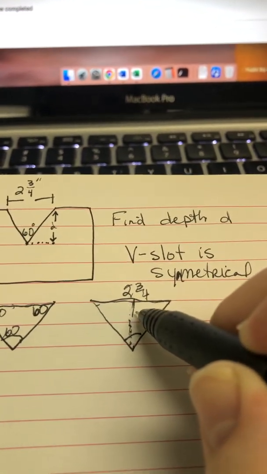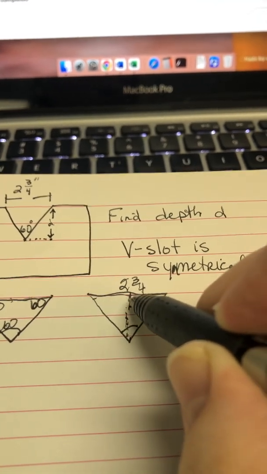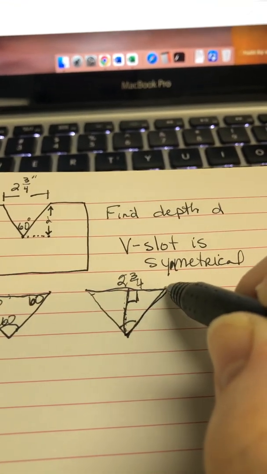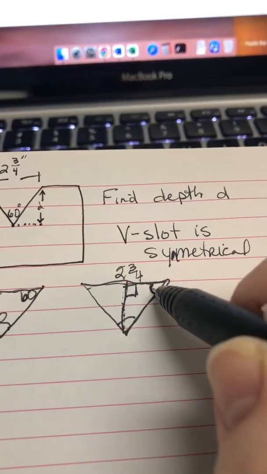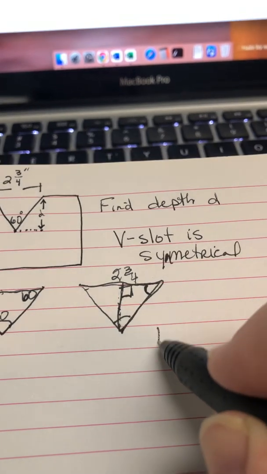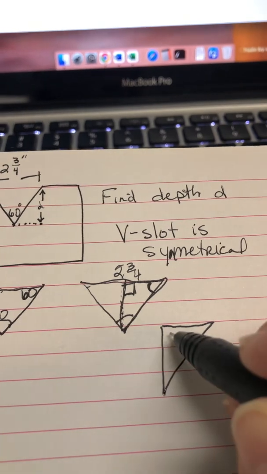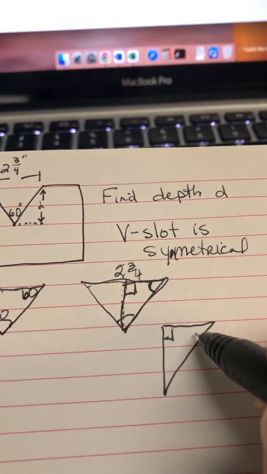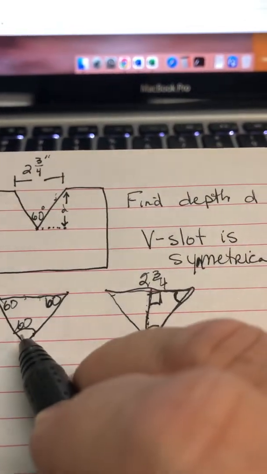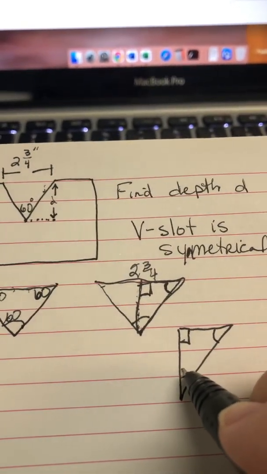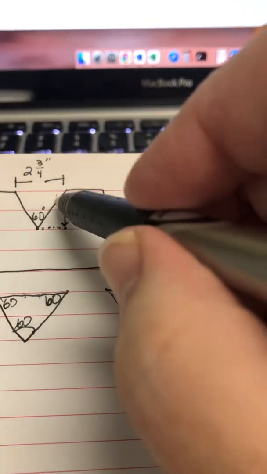But notice it also forms a 90-degree angle right here, so we're creating a right triangle out of that. This is 90, this is 60, because that's what we said this was. And we've cut this 60 in half, so this one's 30. 30 and 60 and 90, that's this space right here.